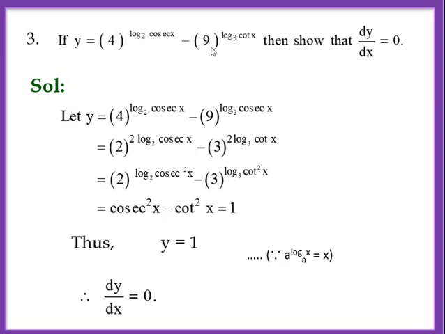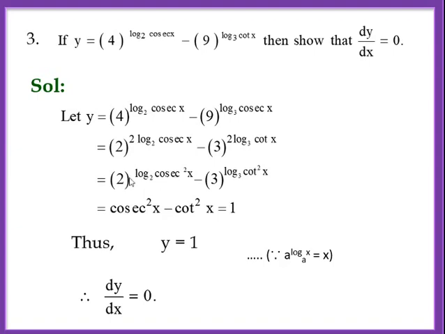Is that clear? Okay. Now this 4 can be written as 2 square. (a raised to m) raised to n is a raised to mn. So what is y? 2 raised to 2 log of cosec x to the base 2. 9 is 3 square. So 3 square raised to log means 3 raised to 2 log. n log m is log of m raised to n.